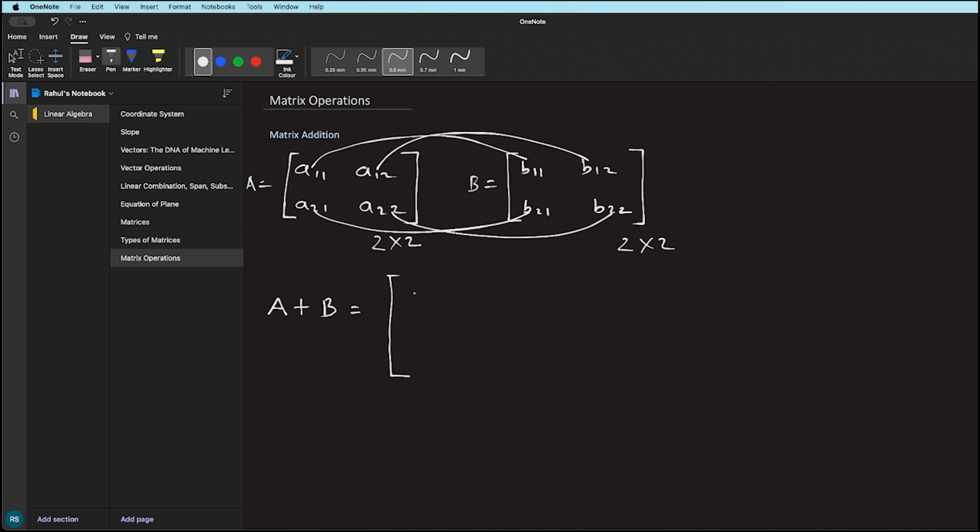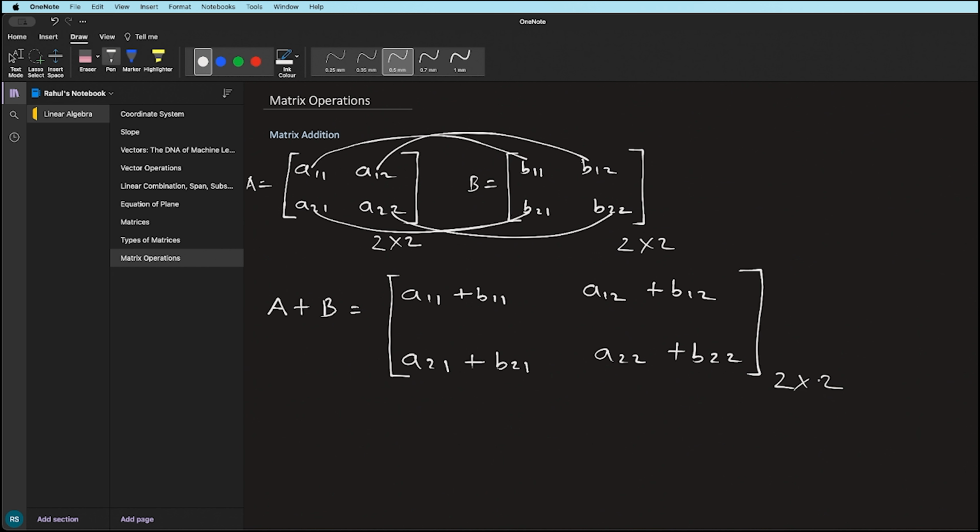So it will be like this: A11 plus B11, A12 plus B12, A21 plus B21 and A22 plus B22. So this is the resulting 2 cross 2 matrix that is obtained by adding these two matrices A and B.